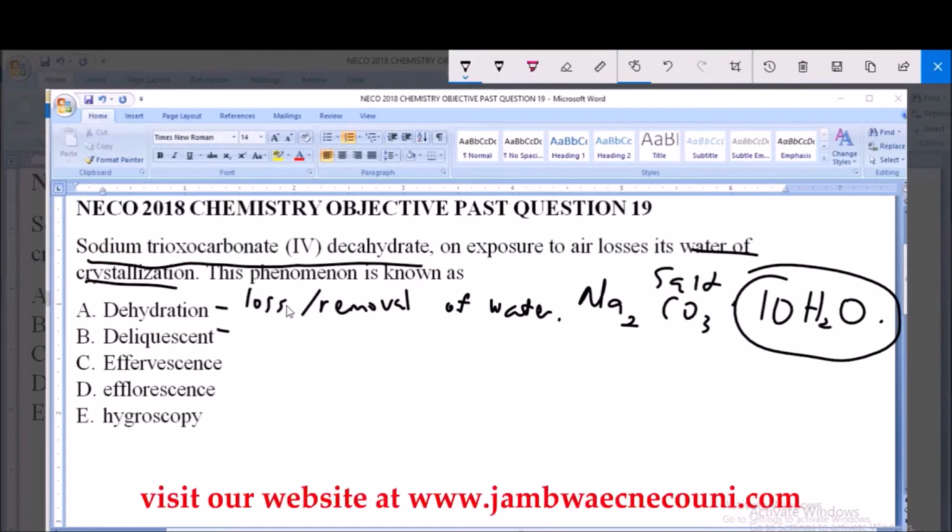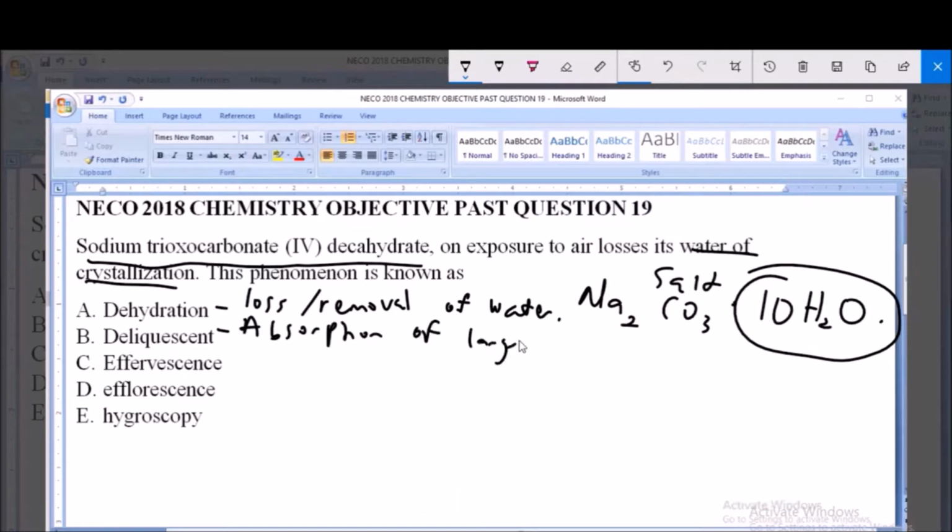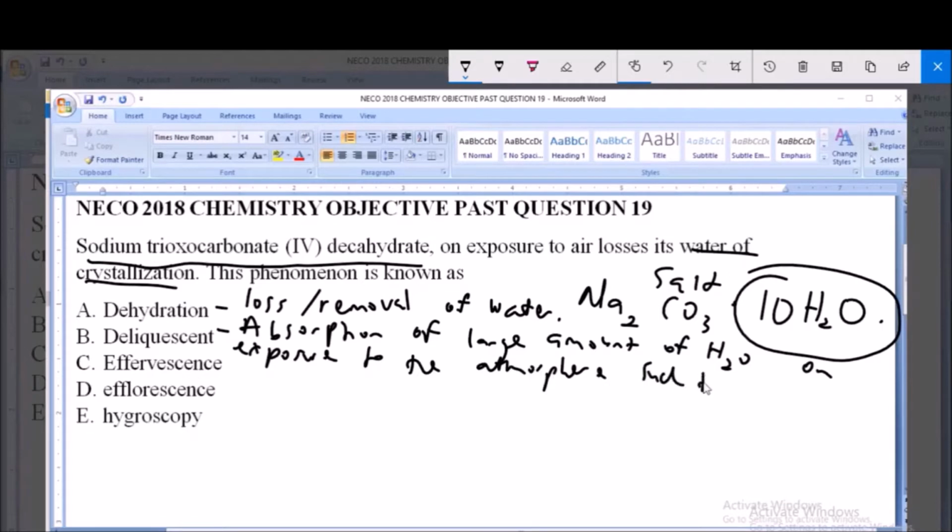Now, option B, deliquescence, refers to the absorption of large amounts of water on exposure to the atmosphere, such that whatsoever substance or salt exposed turns into solution.